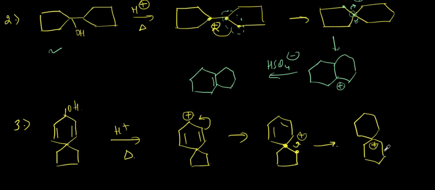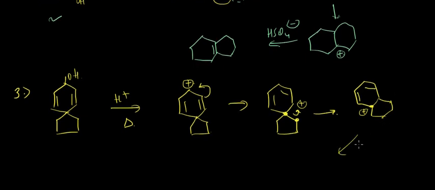Oh sorry, I drew the wrong structure. We will have something like this, and a positive charge on this carbon atom with two double bonds already here.